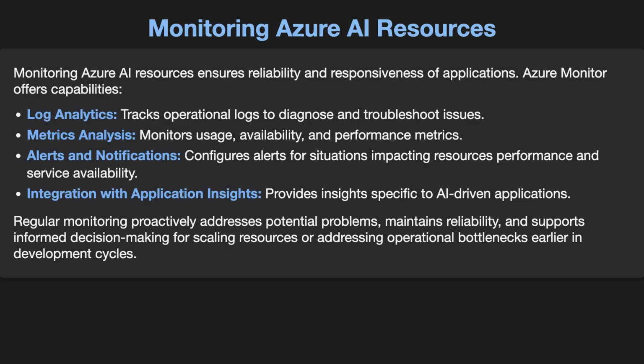Alerts and notifications configures alerts for situations impacting resources performance and service availability. Integration with Application Insights provides insights specific to AI-driven applications. Regular monitoring proactively addresses potential problems, maintains reliability, and supports informed decision-making for scaling resources or addressing operational bottlenecks earlier in development cycles.